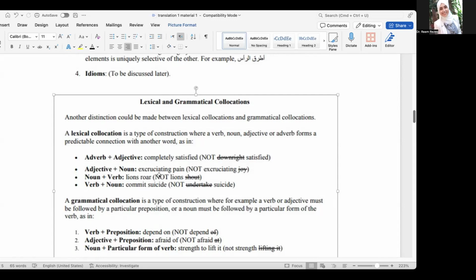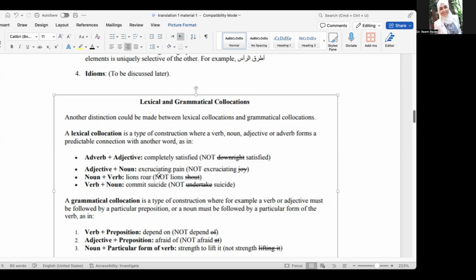When we combine a verb with something, you can make another meaning, and even for adjective and noun, for example, fast food, not quick food. So you can say fast food instead of saying quick food. It's more familiar with these words.